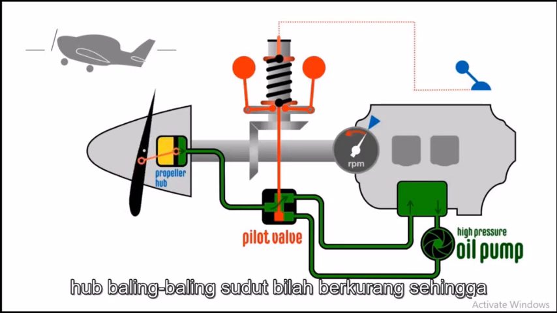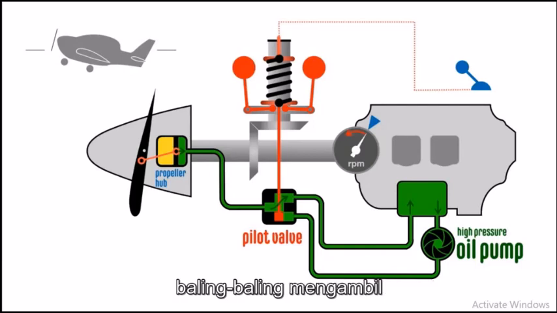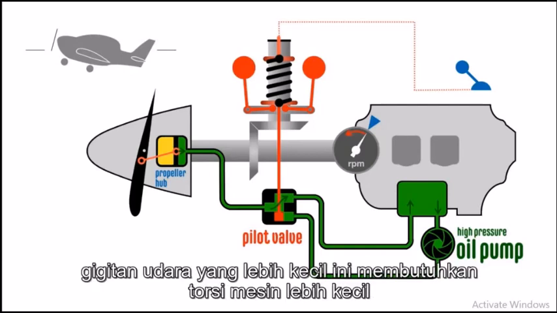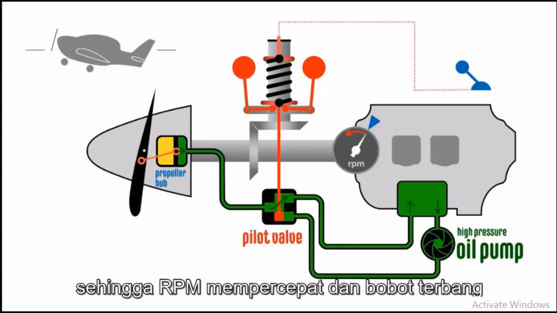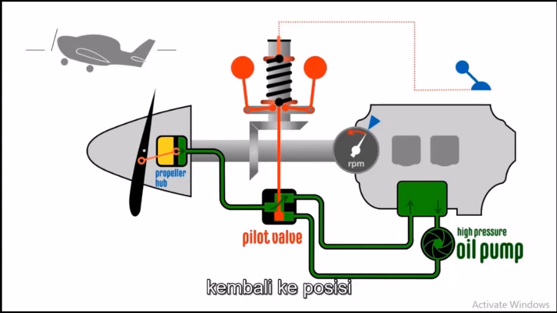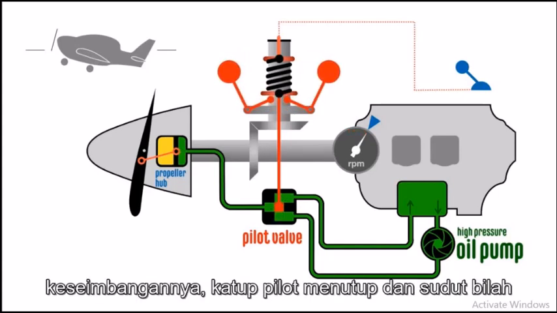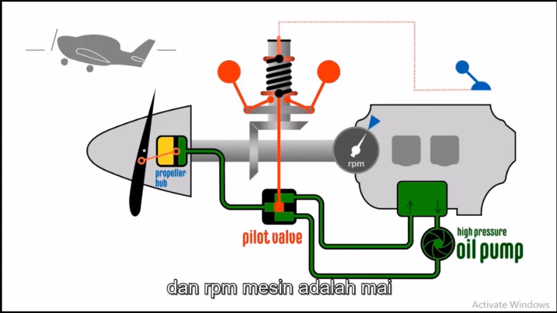The blade angle decreases so that the propeller takes a smaller bite of the air. This requires less engine torque, so the RPM speeds up and the flyweights move back to their equilibrium position. The pilot valve closes and the blade angle and engine RPM is maintained.